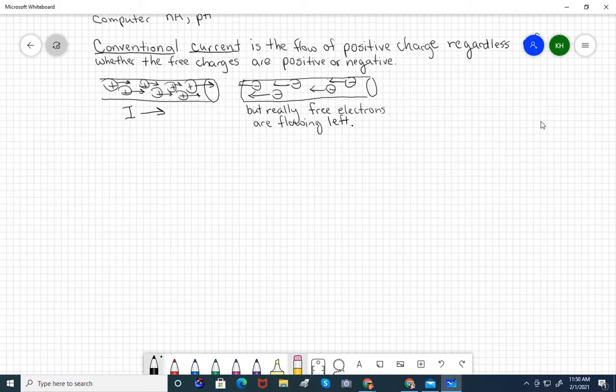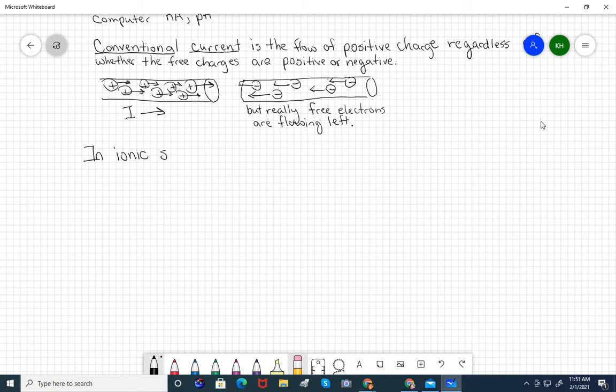Now, there are situations where we actually do have positive and negative charges that might flow, and that would be something like an ionic solution. An ionic solution would be something like salt water.